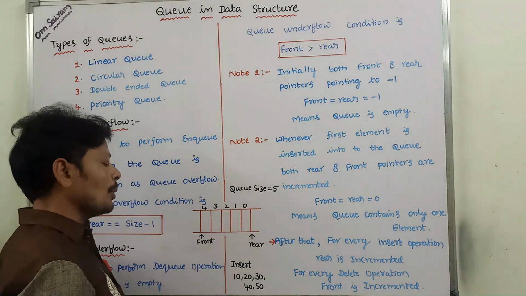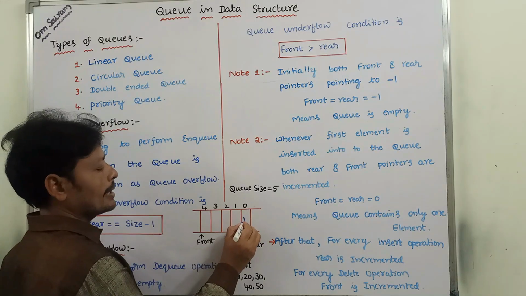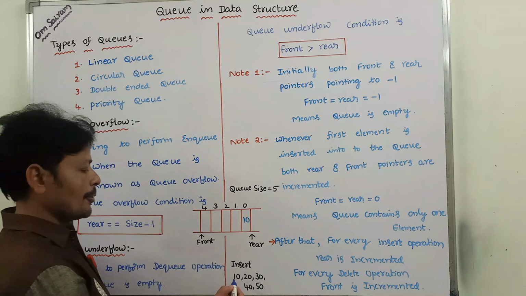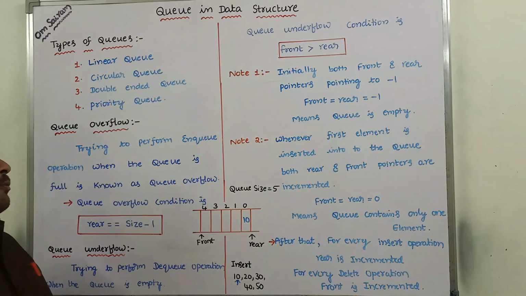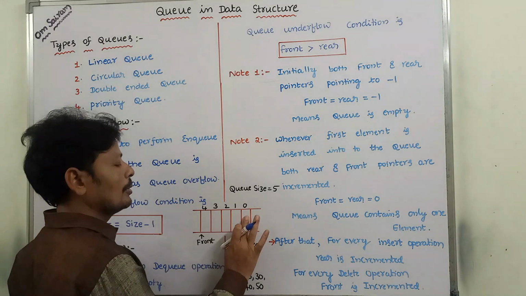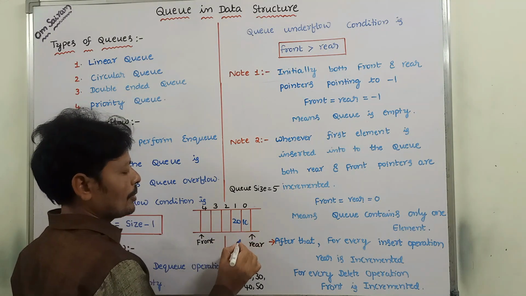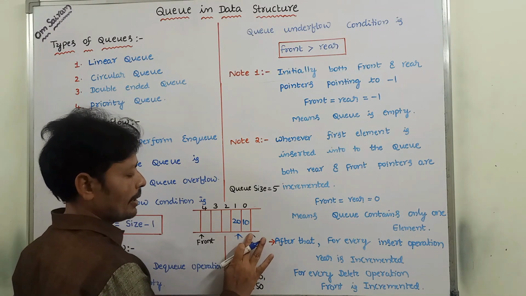Suppose we want to insert element 10 into the queue. It is inserted at the rear end. Next, we want to insert element 20 into the queue. Now the rear pointer points to this one.